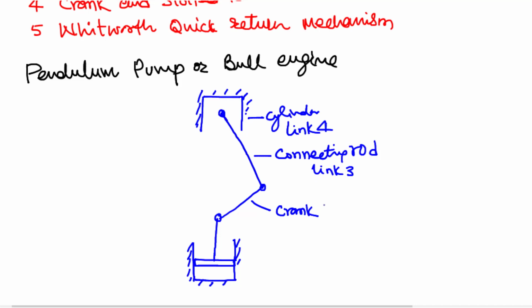This is crank, link 2. This is cylinder, and then piston rod. This is link 1. Link 1 is piston rod, link 2 is crank, link 3 is connecting rod, link 4 is cylinder which is fixed.